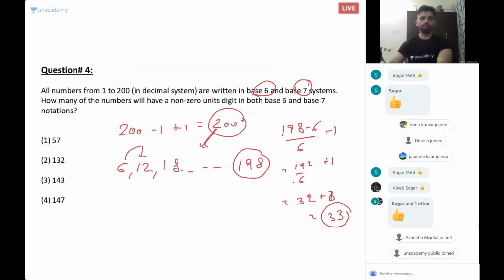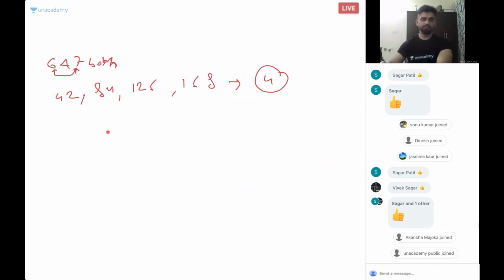Okay, so my number of numbers that are divisible by 6 are 33, by 7 are 28, and by both is 4. 33 plus 28 minus 4, that is 33 plus 24 is going to give me 57.